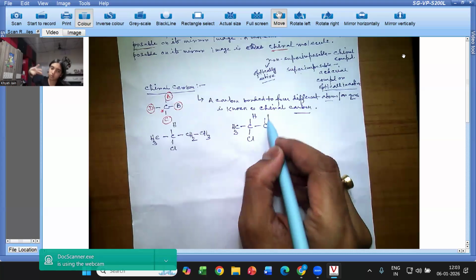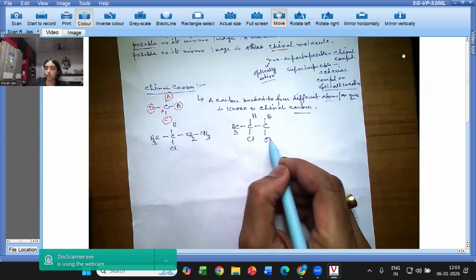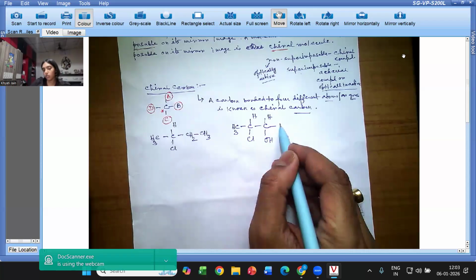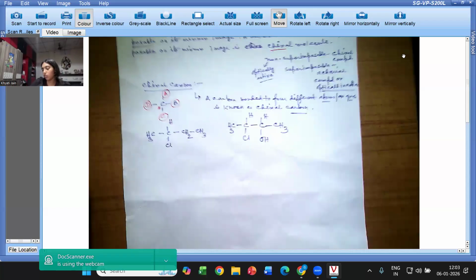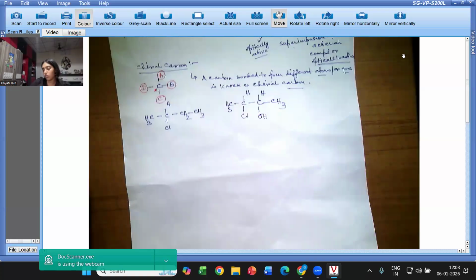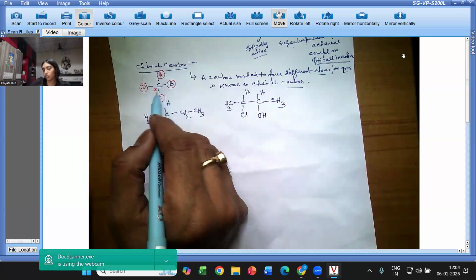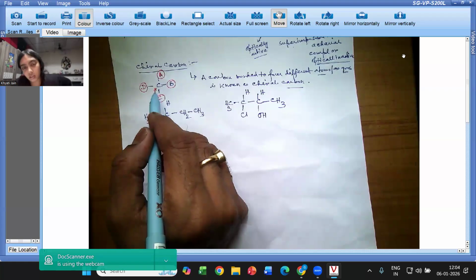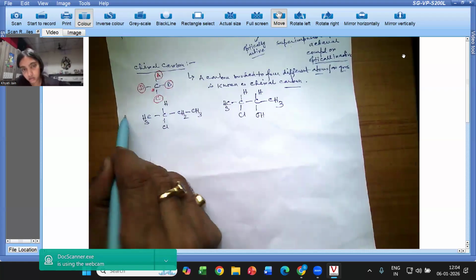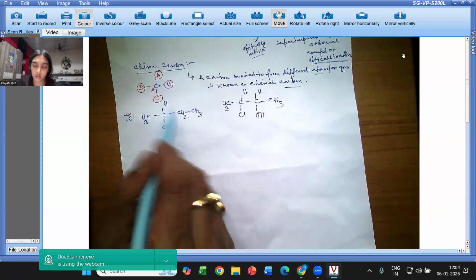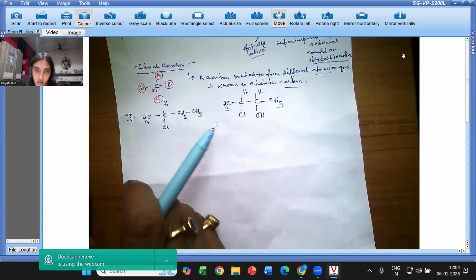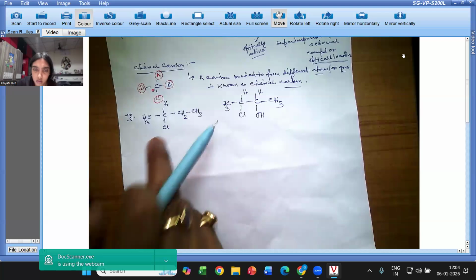Then you check the definition that I wrote. Then you tell me the answer. Again, I'm repeating. Any carbon with four different atoms or groups is called a chiral carbon, right? Yes, sir. Tell me the example. How many different atoms or groups? How many chiral centers are there in the particular compound?